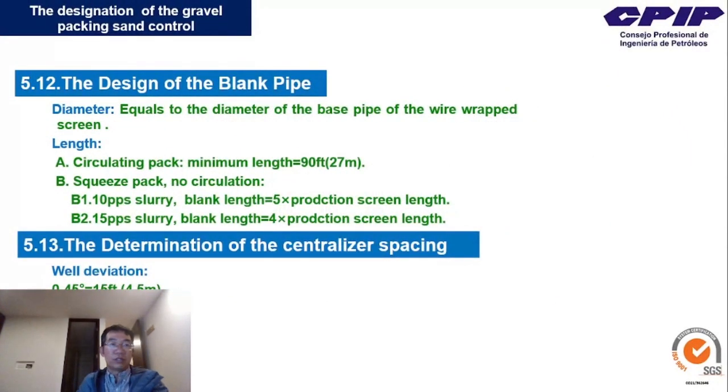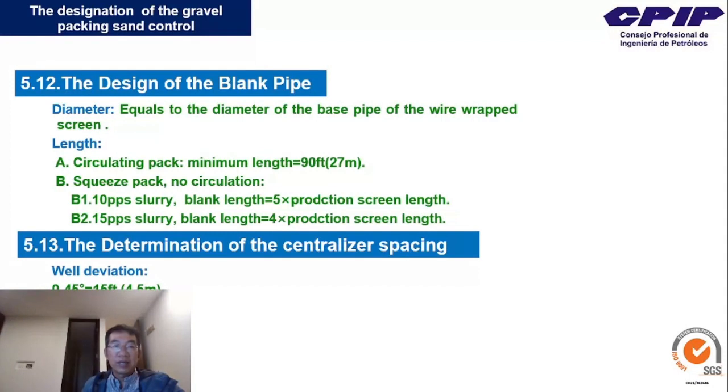12.12 The design of the blank pipe. Diameter equals the diameter of the base pipe of the wire-wrapped screen. The length: circulating pack minimum length is 90 feet.